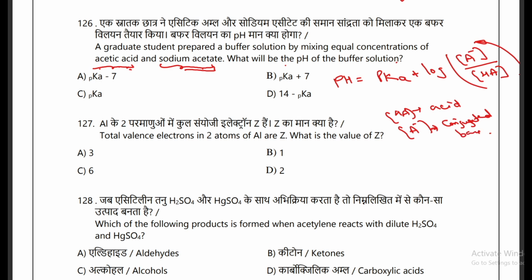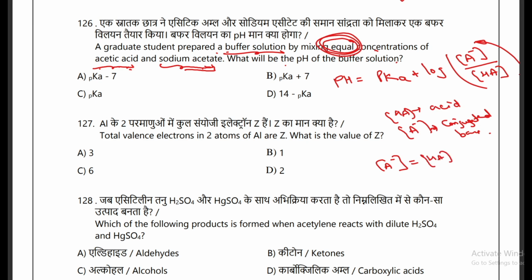According to them, a graduate student prepared a buffer solution by mixing equal concentrations of acetic acid and sodium acetate. So the concentration of the conjugate base, which is sodium acetate, and acetic acid is equal.